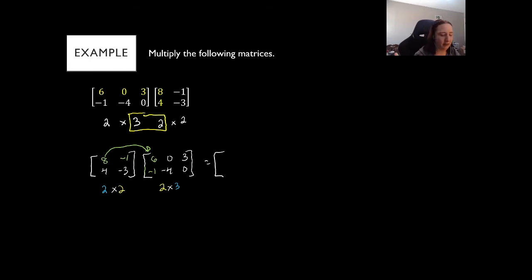But we're going to do 8 times 6 plus -1 times -1. I usually don't do the multiplication right away. I fill in what my math is first, and then after I fill in all of the pieces, I will do the multiplication. So that is the first spot.